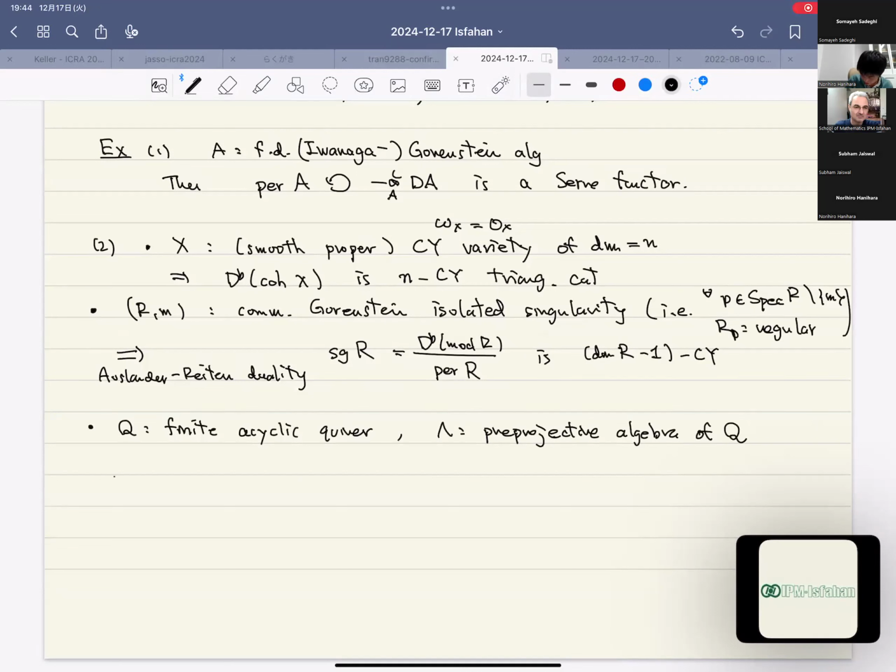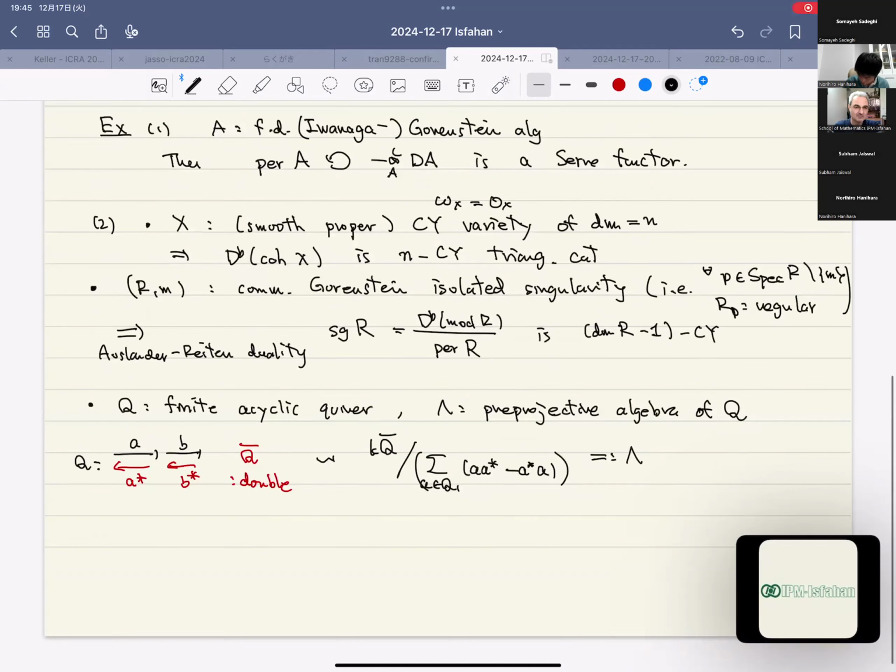From a quiver like this, we consider the double of Q. So for each arrow, we add a dual arrow in the opposite direction, and consider the path algebra of this double quiver modulo the ideal generated by the commutators. This is the preprojective algebra.